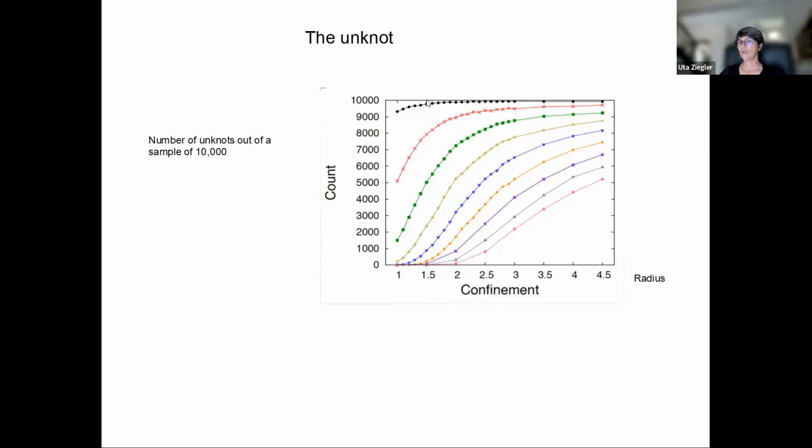If we move down from 1.5 radius for length 10, 20, 30, 40, and so on, you also see a reduction in the number of unknots. So either we have a fixed radius and stick longer stuff in it, which increases confinement pressure, or we have a fixed length and make the sphere smaller and smaller. Both of these increase the confinement pressure.